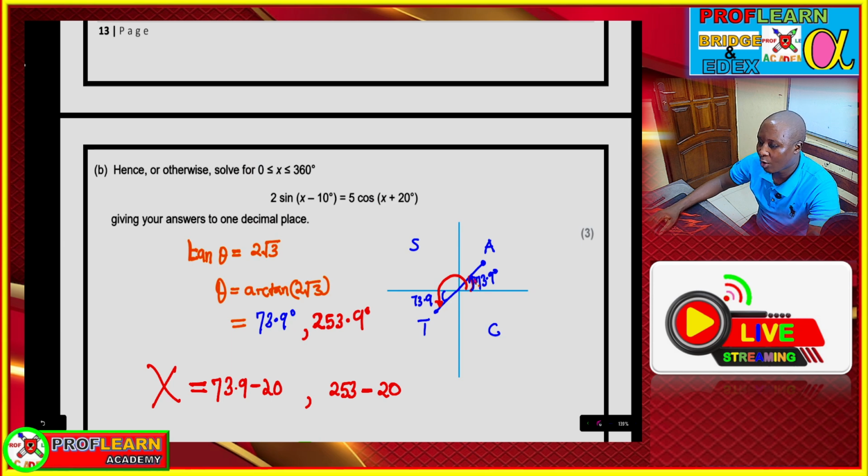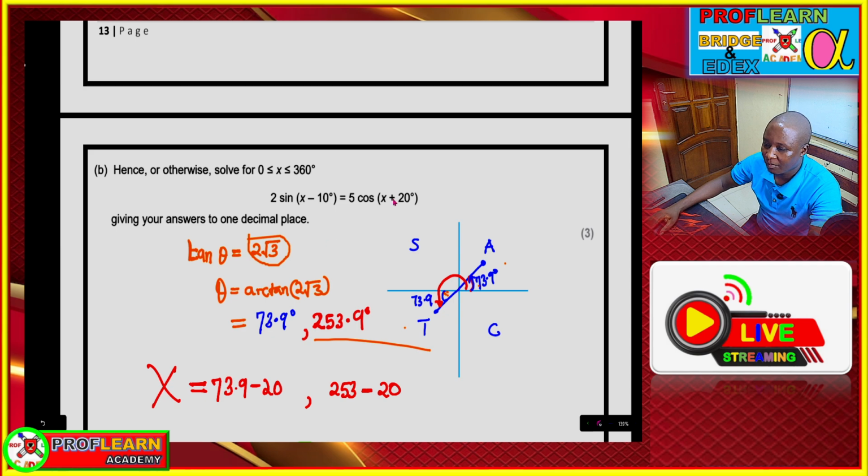The second angle will be the angle in the third quadrant, because if this is 73.9, this angle also is going to be 73.9. Since we are working where tan is positive, tan is positive in the first quadrant and in the third quadrant. For me to get this angle, the red one, it will be 180 plus 73.9, which gives 253.9.